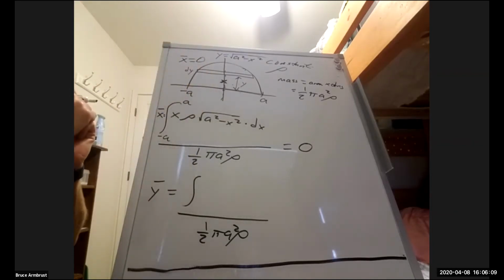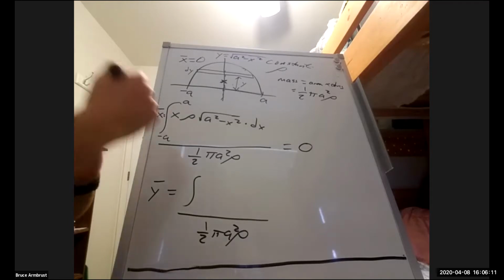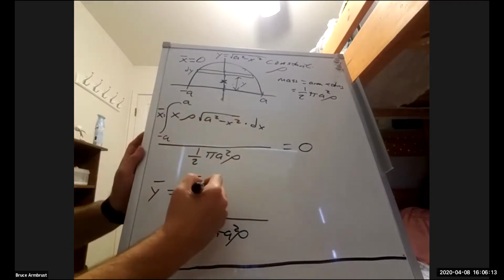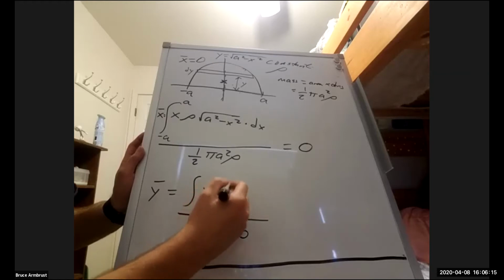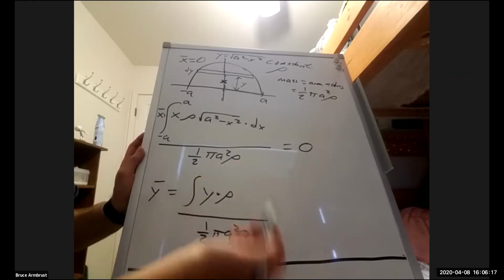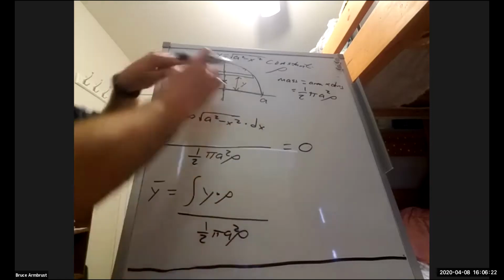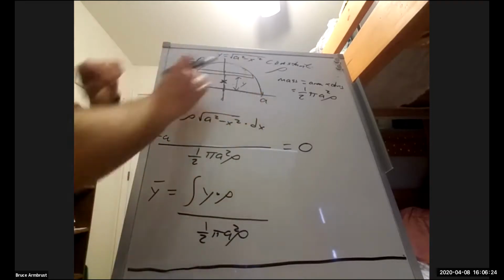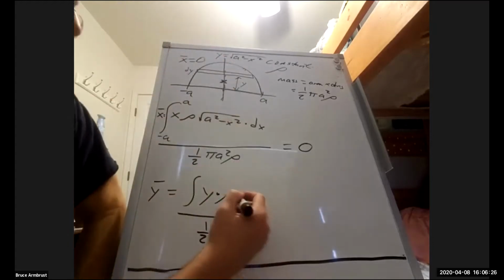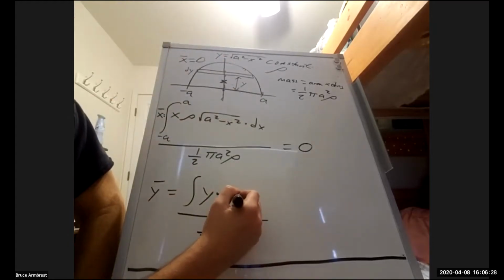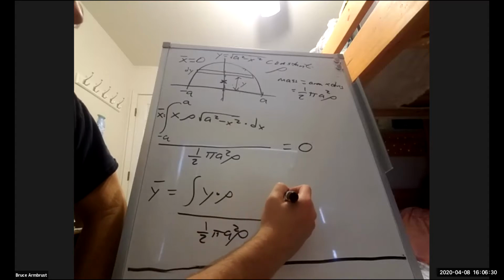So let's start building this. We're a distance y away. Our mass, we have to take density times area. So the area, we need to get the height of this times its thickness. Well, I'll leave a spot for the height, but the thickness we know is going to be dy.